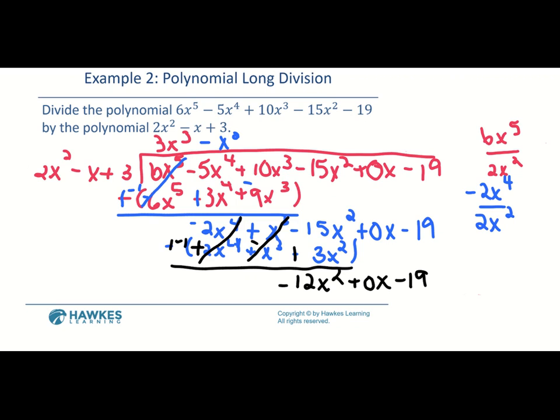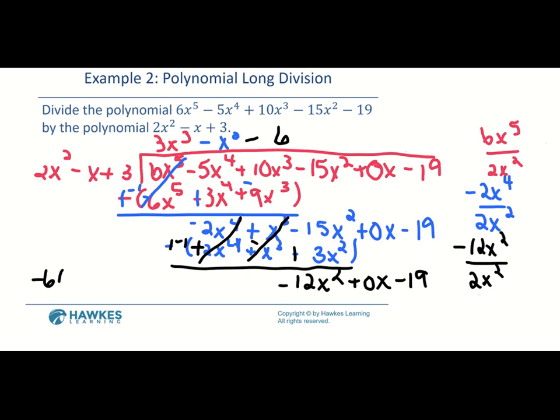All right, and let's start over again. We are going to divide now negative 12x squared by 2x squared, and that's going to give us a negative 6. Okay, so now let's do negative 6. Put it over here.